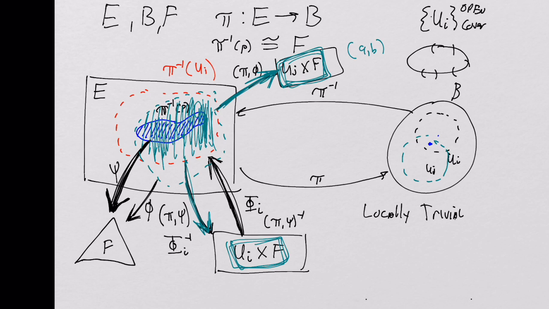And because any point can be diffeomorphically connected to this structure, I can do this projection process by just eliminating the fiber part of the structure. I can get this projection process over with pi. And by adding the fibers back, I can get this inverse projection and go from the base space to E. That's the part that makes a fiber bundle different than just your normal differentiable manifold.